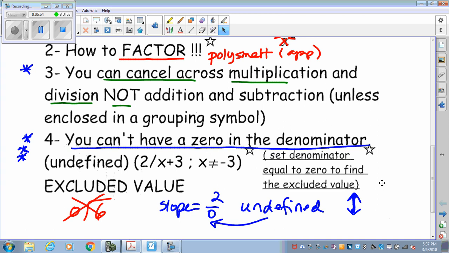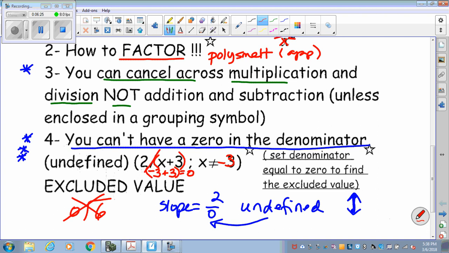So what happens, though, in this section, if you have a fraction, you have 2 divided by this polynomial here. This is my denominator, so this cannot equal 0, right? So if x is negative 3, if I put a negative 3 in here, I would have negative 3 plus 3, and that would be 0.